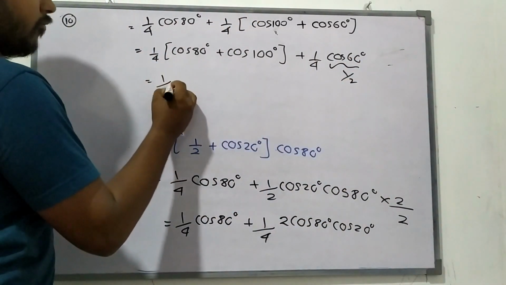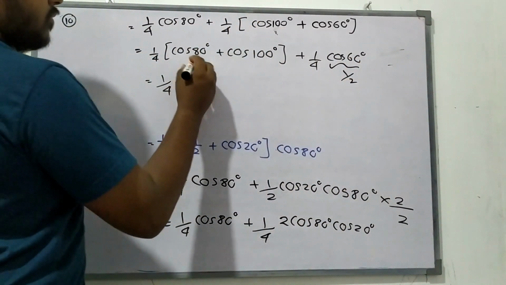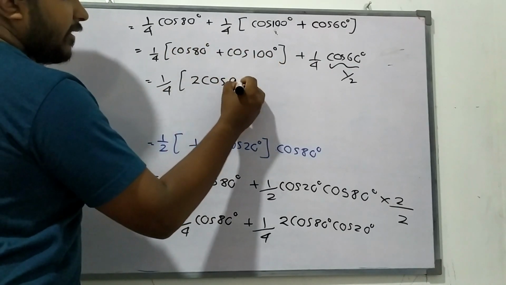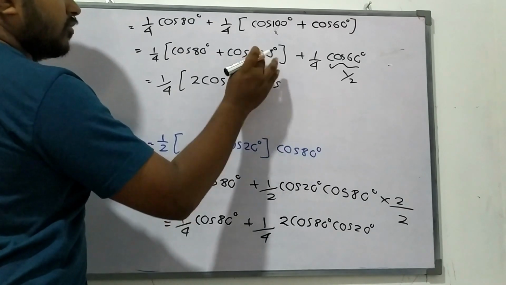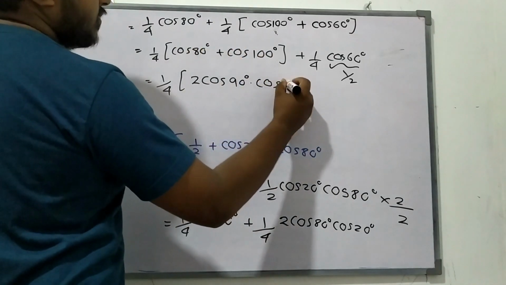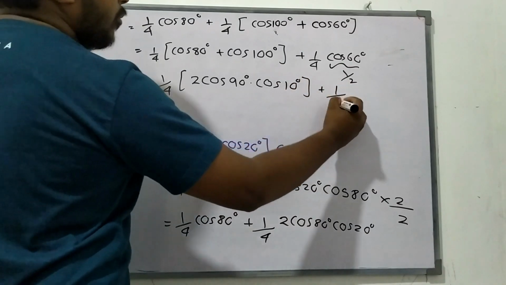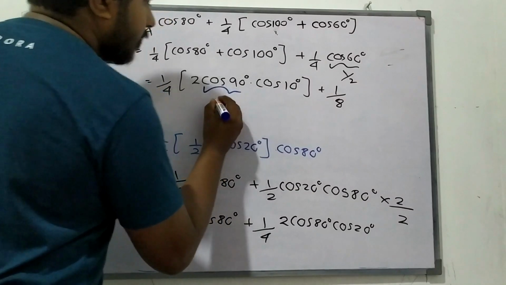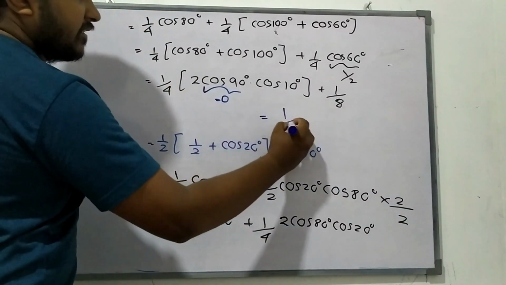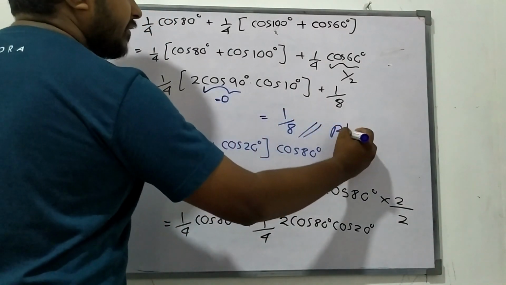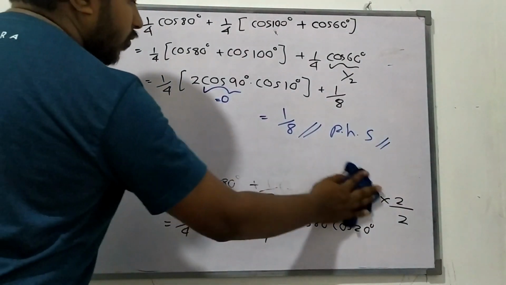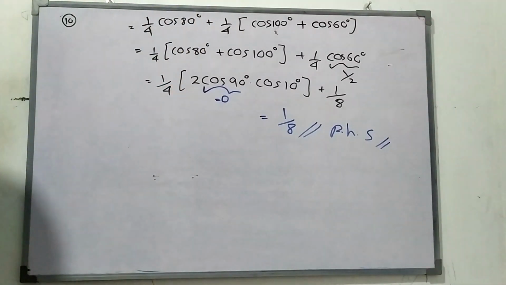Then 1 over 4, this is 2 cos addition 180 by 2, cos 90 and cos subtraction cos 10, plus 1 over 8. So actually cos 90 means 0, no? This is 0. Then the answer is 1 over 8. Right hand side. Right? So basically this whole answer is 1 over 8.